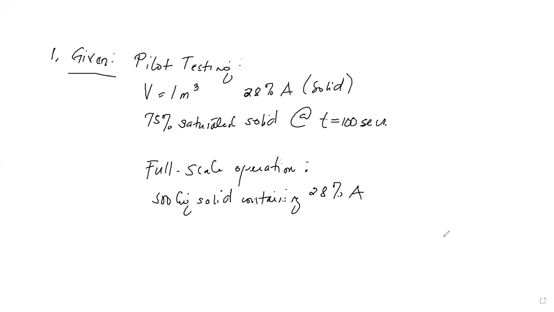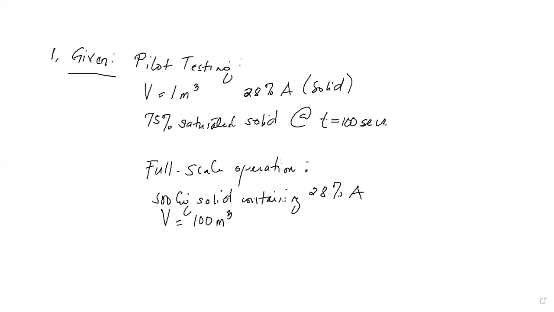And then the volume of water that was used here is 100 cubic meter. The first one, we have a 1 cubic meter in volume vessel. So it's not referring to the water, but the vessel that was used is just 1 cubic meter in volume. That is in the pilot testing.